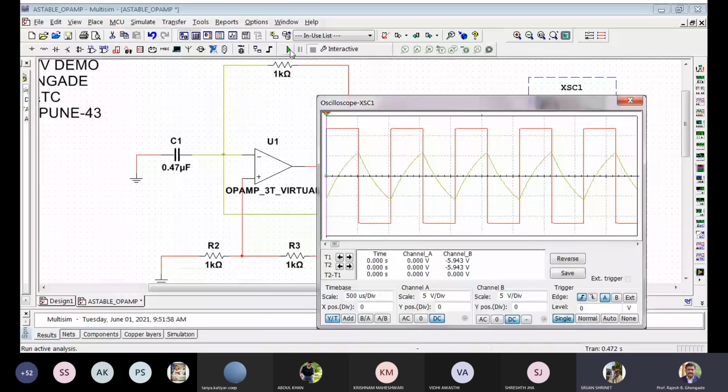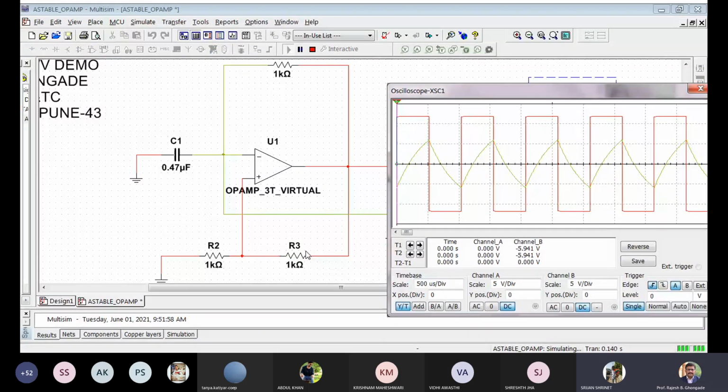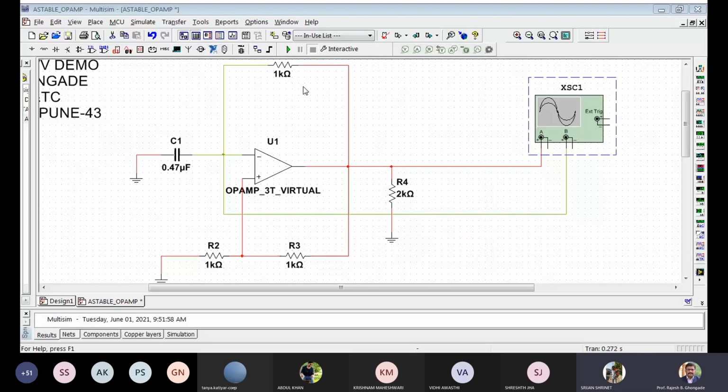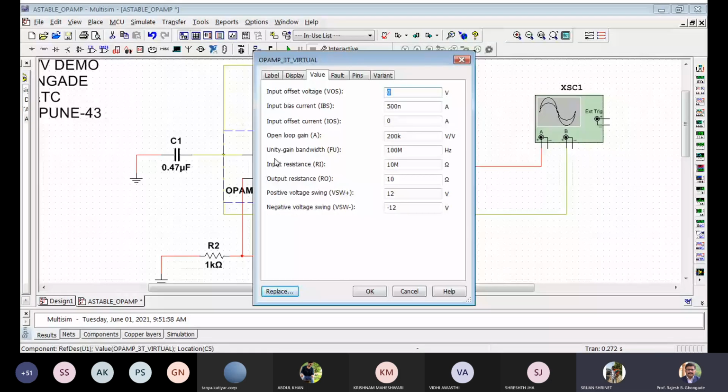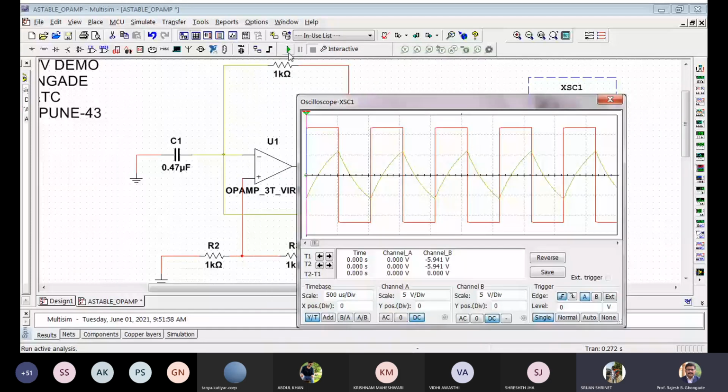We still get it because there is some noise associated with the resistors, which is actually responsible for this. But please make sure that the starting point is always having this. Even if you have this 0, let me see if this works out. It doesn't work.